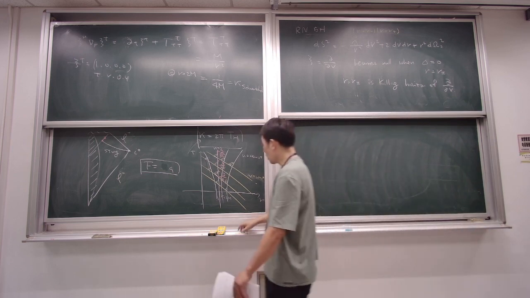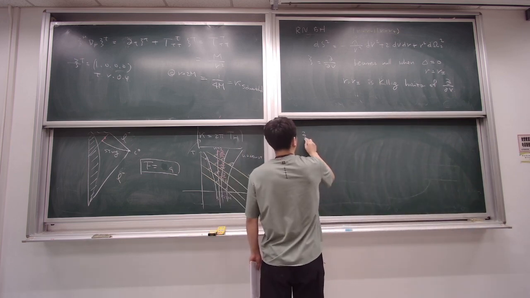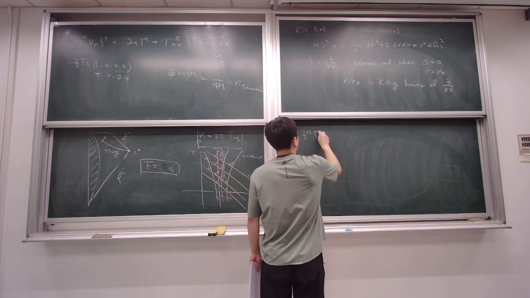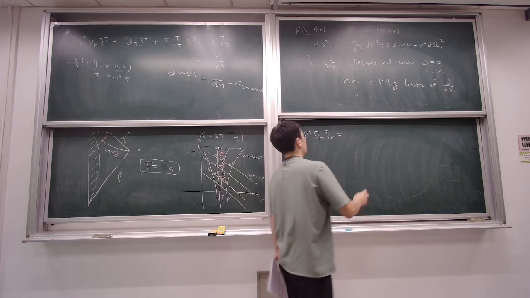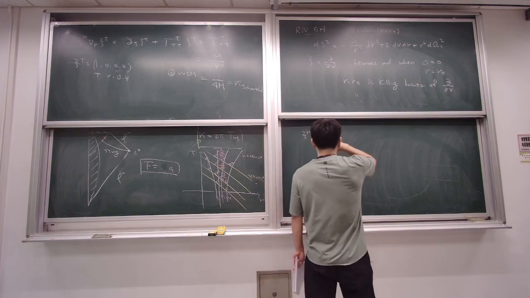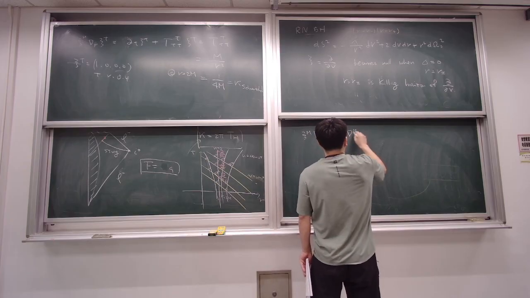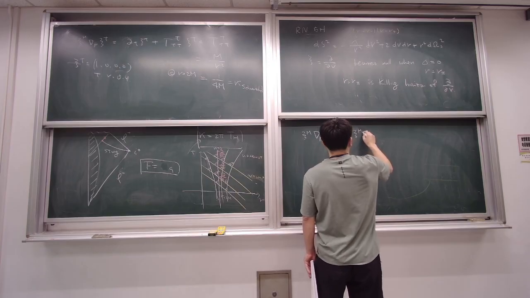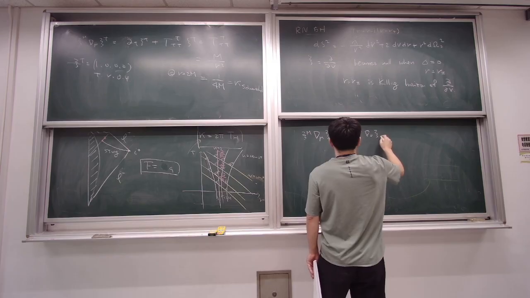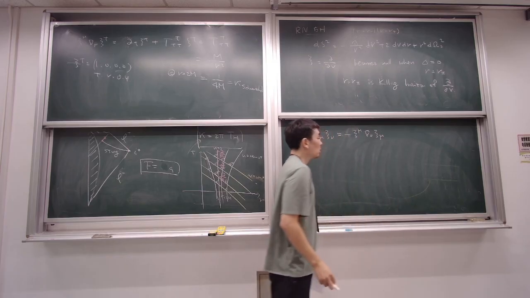So the important thing is that this Xi mu, delta mu, Xi mu is equal to, since they are Killing vectors, Xi is a Killing vector, like this way. Okay.